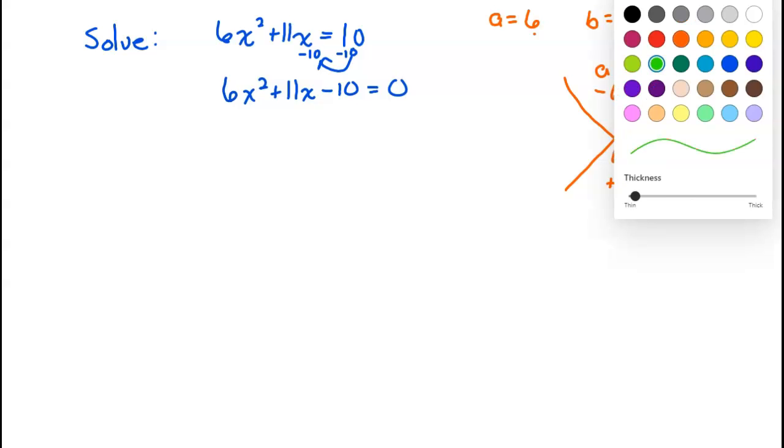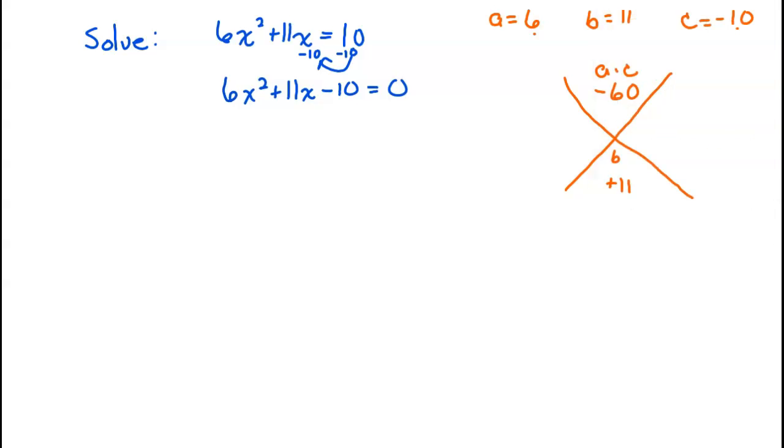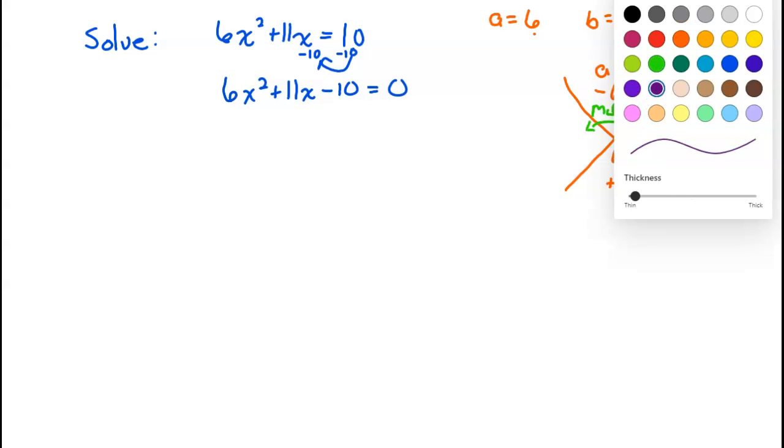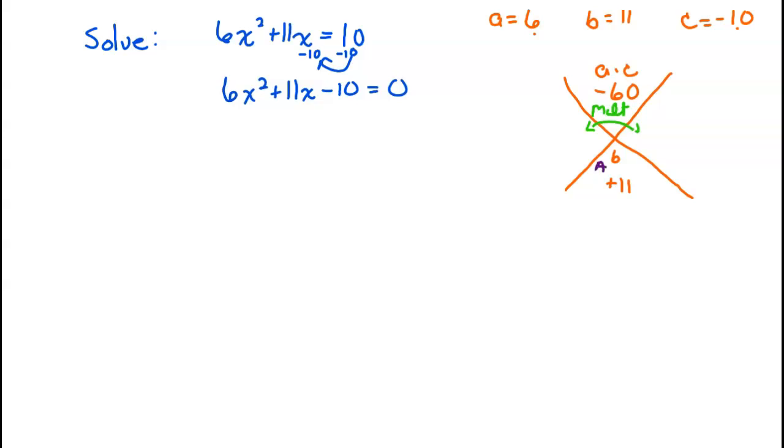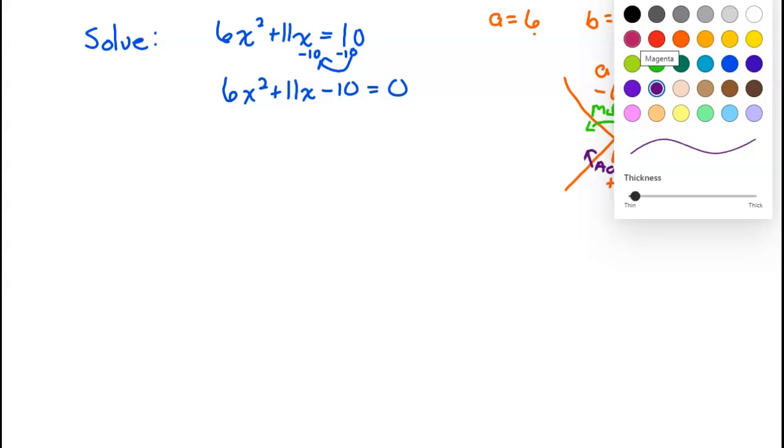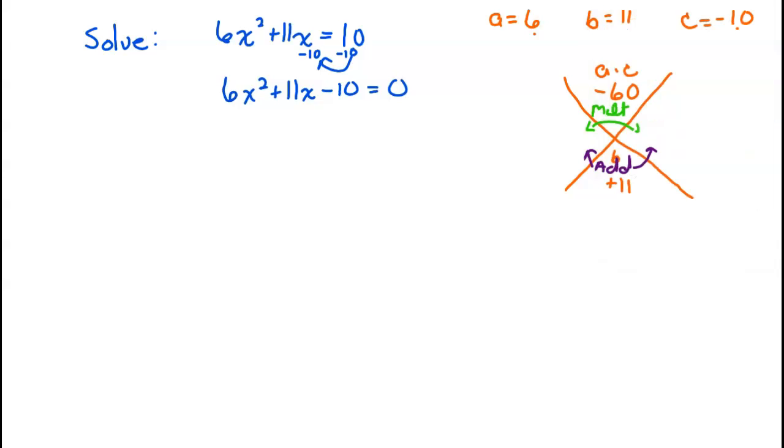I need two numbers that will multiply to give me a negative 60, but that will add to give me a positive 11. So these two numbers have to multiply to give me a negative 60, but they need to add to give me a positive 11.